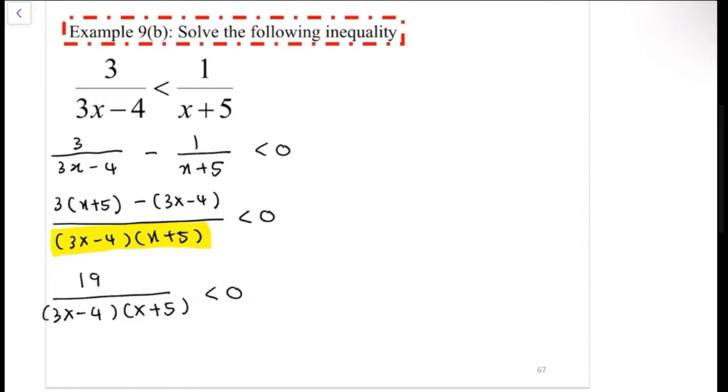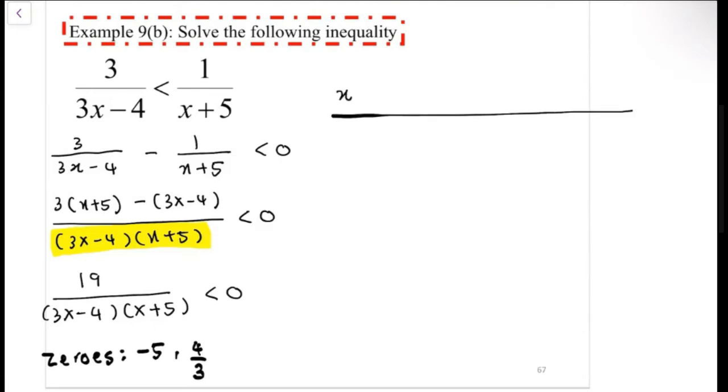Alright, so now in this case, our zeros will be negative 5 and 4/3. Okay, so we have two different zeros and we may start to construct the table. So our first row will be x, and then we have the first factor. Oh, sorry.